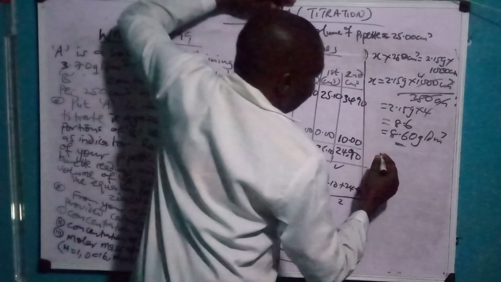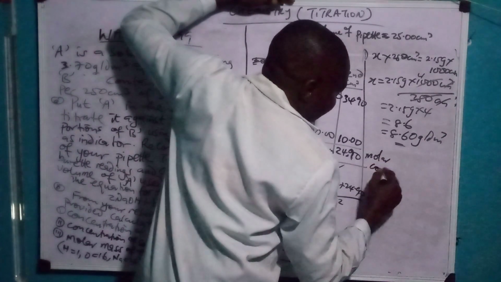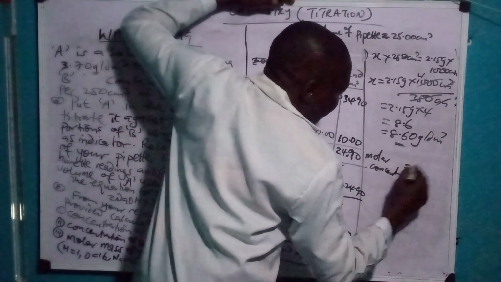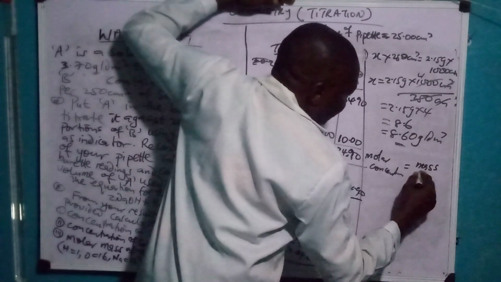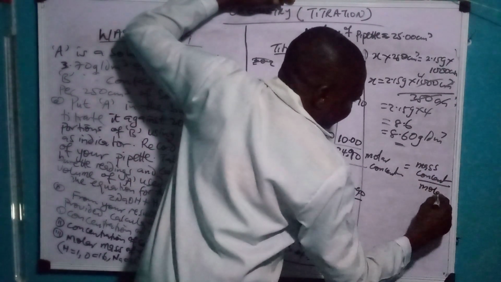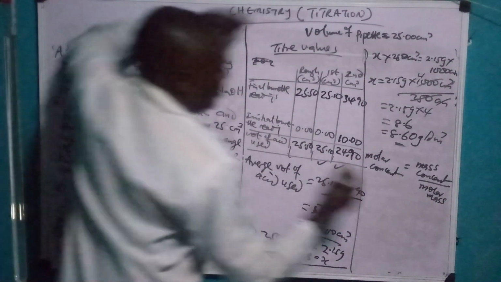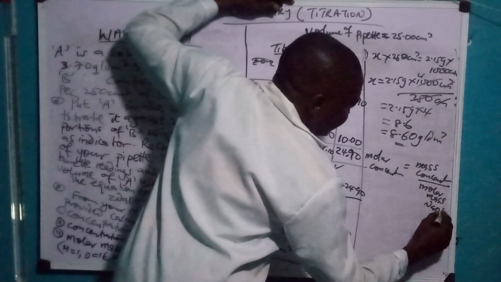You say molar concentration equals mass concentration over molar mass. Molar mass of what? Sodium hydroxide, because we are dealing with B, NaOH.